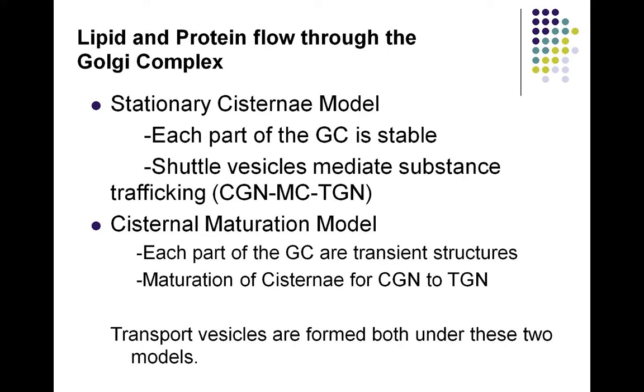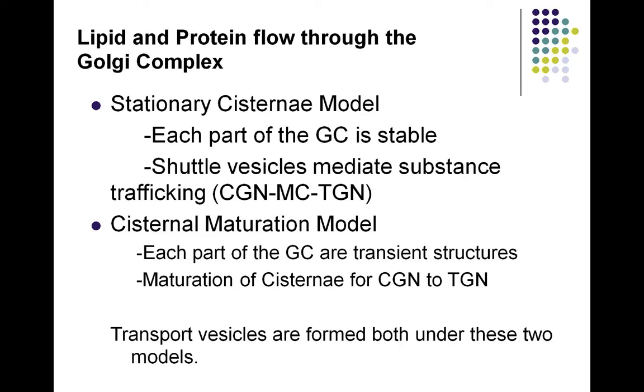They are cisternae that actually change their nature as they accumulate particular proteins, particular enzymes within the lumen space that are responsible for carrying out the functions happening in each region. So there's maturation of the cisternae from the CGN to the TGN.